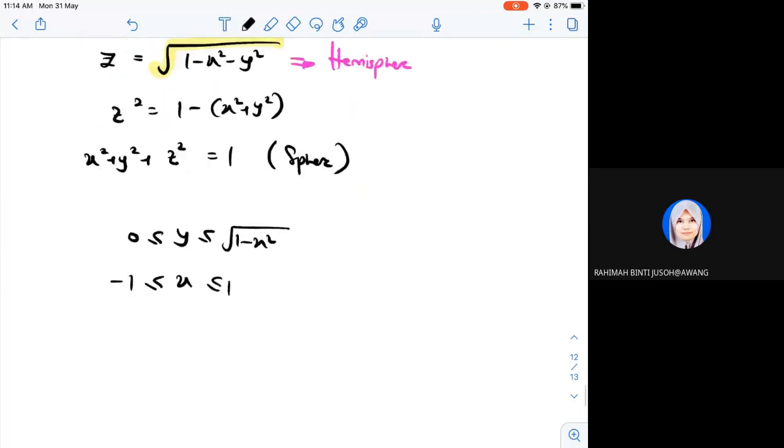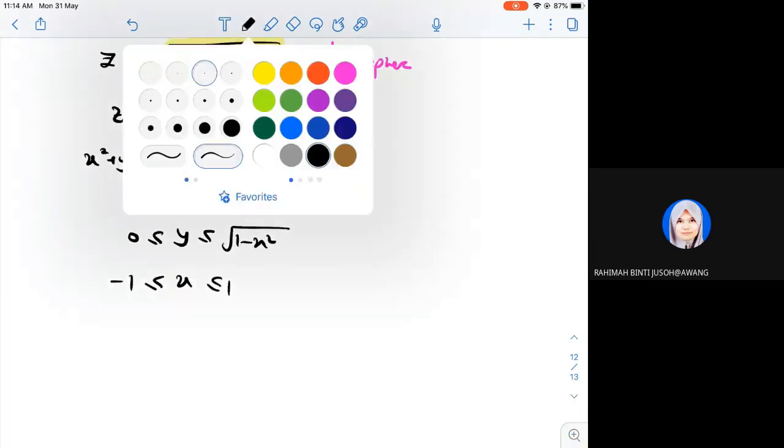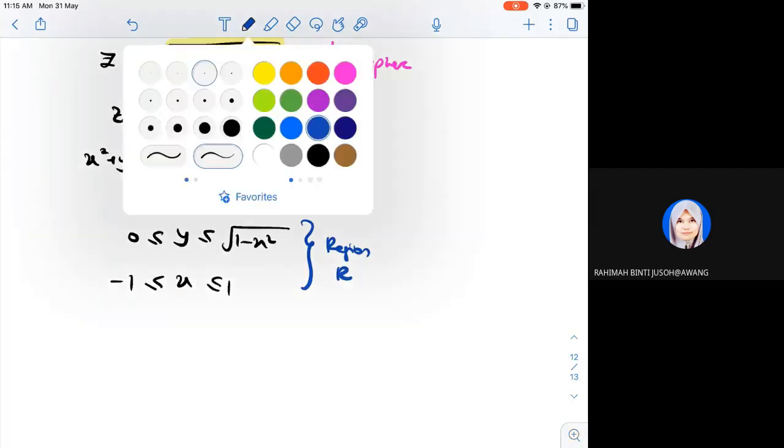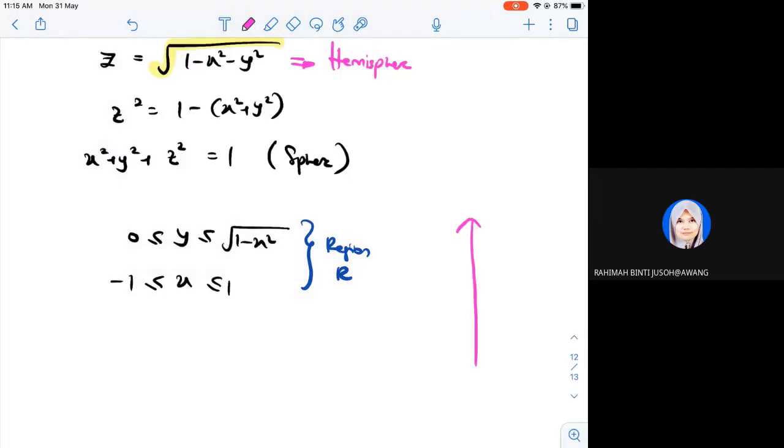If I sketch the region R, we can have x and y. So y tu adalah semicircle, positive. y equals to square root of 1 minus x squared, and of course, x from -1 until 1. So that is the region R.